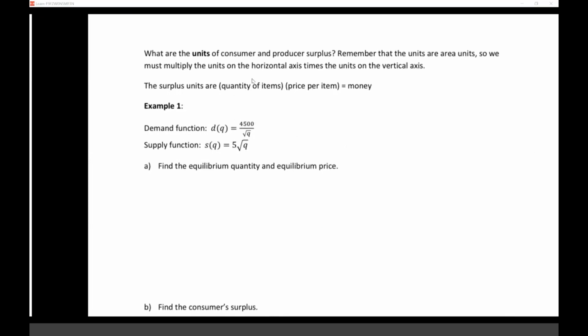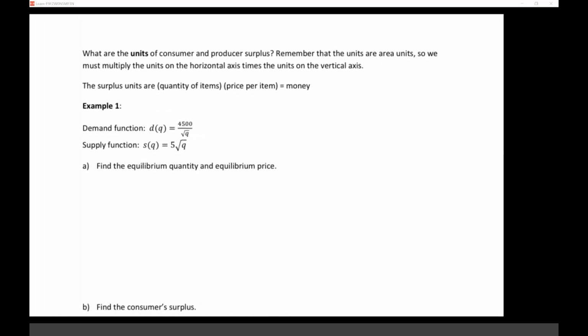So you basically have items times dollars per item, and you can see item cancels out. So this surplus is going to be in dollars, if we're measuring our monetary units in dollars. It works with yuan and euros and whatever, but basically that's what I'm trying to say here.